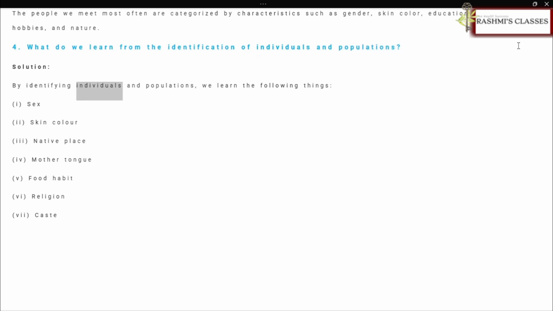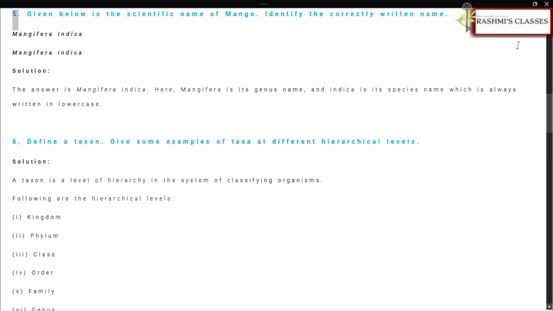By identifying individuals and populations, we learn the following things. 1. Sex. 2. Skin color. 3. Native place. 4. Mother tongue. 5. Food habit. 6. Religion. 7. Caste.